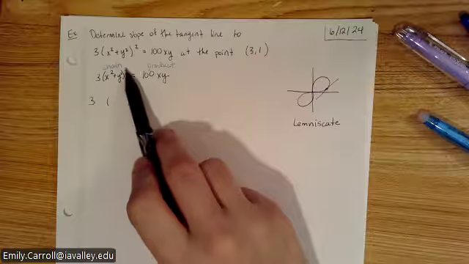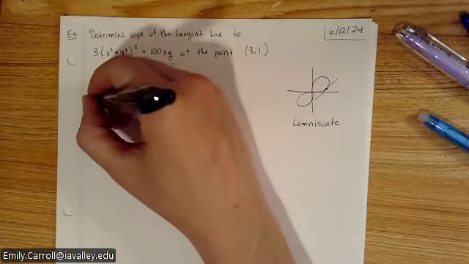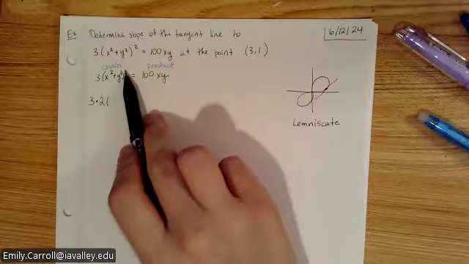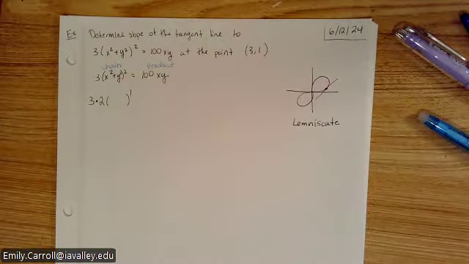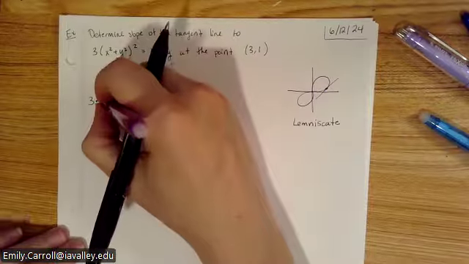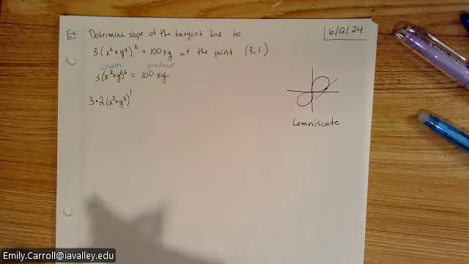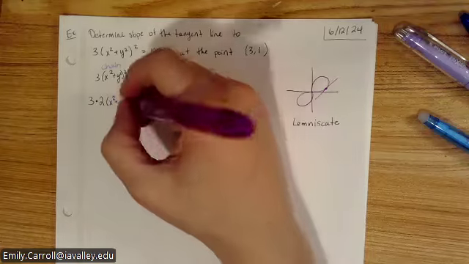So the 2 is going to swing down here to get multiplied by that 3. And then the power will drop down by 1. I need to keep my inside the same. So we've got an x squared plus y squared. And then I'm going to multiply by the derivative of the inside.